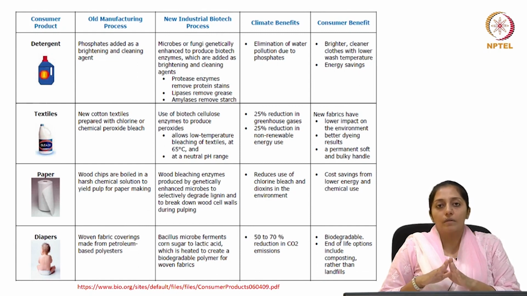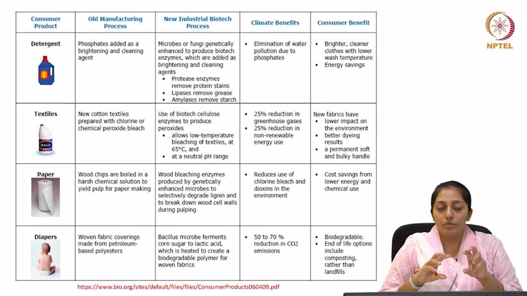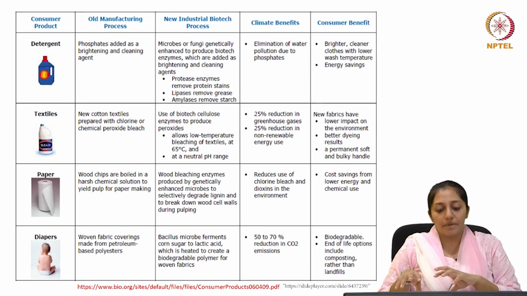So now with biotechnology intervention, there are certain microbes which can produce a set of enzymes, ranging from proteases, lipases, amylases, which have the capability of degrading different types of stains, or cellulases which have the capability of degrading the cellulose and making it easier for processing of pulp in the paper industry.